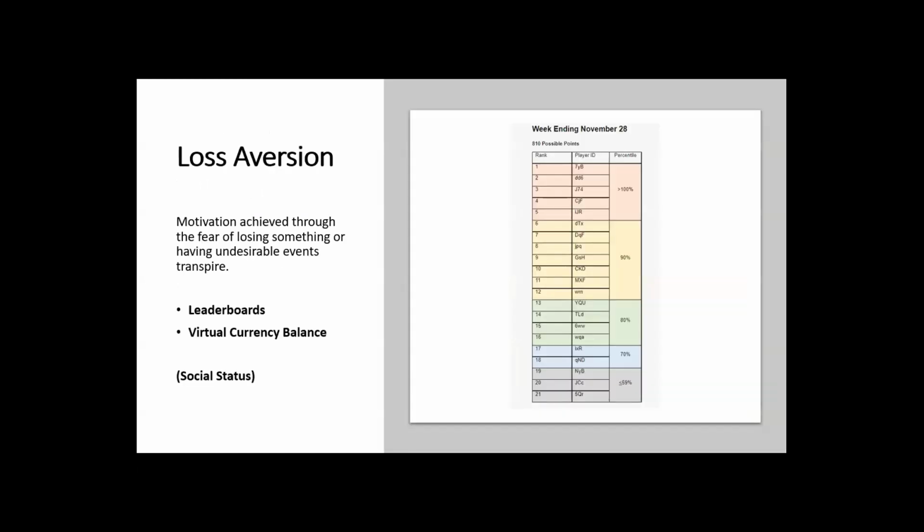Loss aversion. You're going to see that there's a lot of overlap here. I think about gamification as a very holistic way of looking at things. It's not linear. So loss aversion means that we motivate the student through a fear of losing something, an undesirable event or undesirable consequence, right?